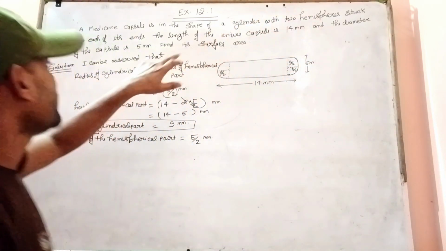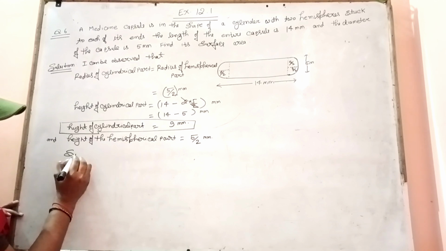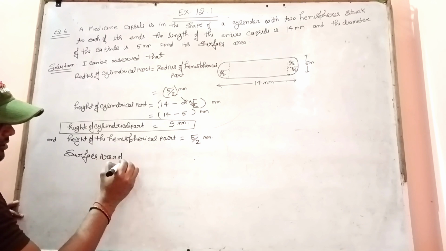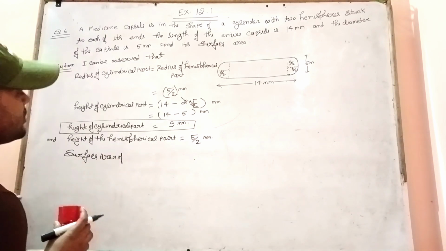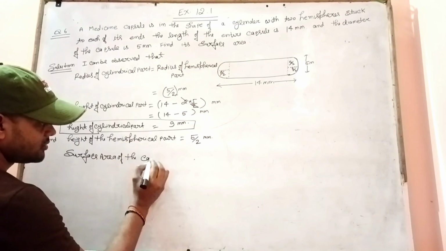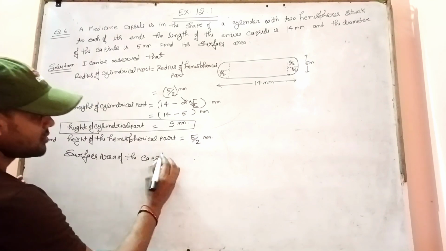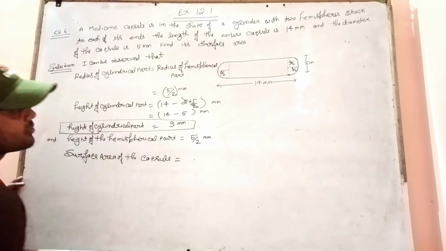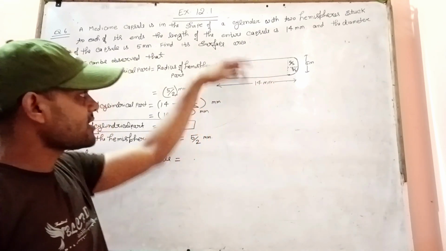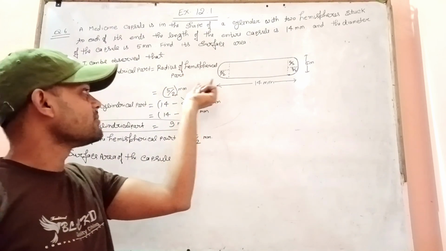In the question, at the end, it asks to find its surface area. Surface area of the capsule is equal to the curved surface area of the cylindrical part plus the curved surface area of the hemispherical parts.